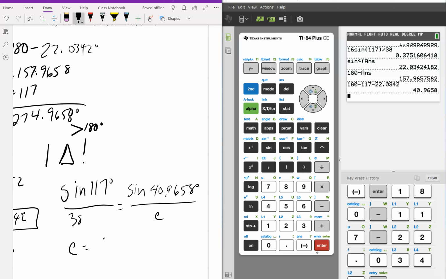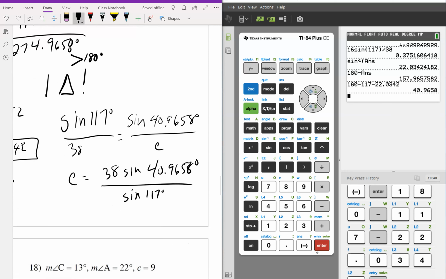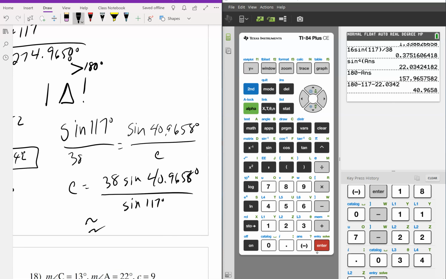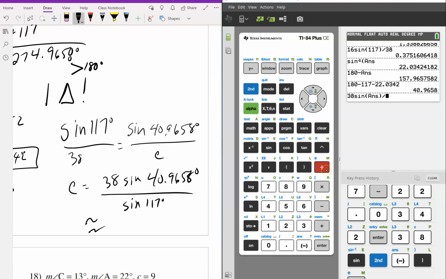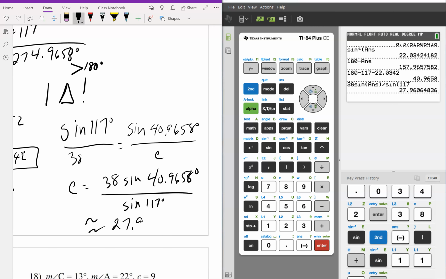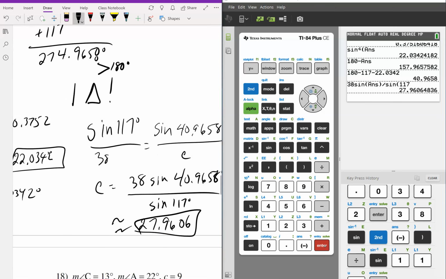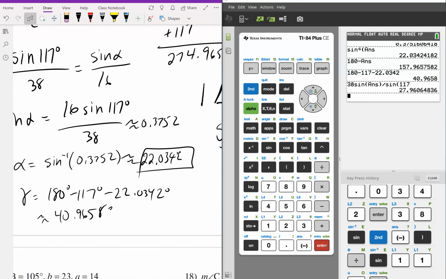C has to be 38 sine of 40.9658 over sine of 117, which gives us roughly what? We do 38 sine of the previous answer divided by sine of 117 gives us 27.9606. So this value, along with the alpha and the gamma that we found, solve the triangle.